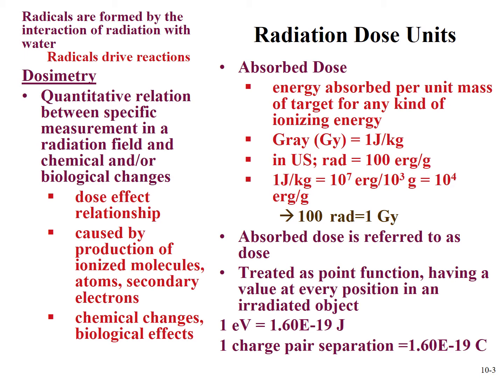This absorbed dose, a gray or a rad, is often referred to as dose, and it's treated as a point function, so it has a value at every position in an irradiated object. The important thing to remember about these terms is the relationship between the SI unit and the US unit. In this case, a gray and a rad differ by 2 orders of magnitude, so 1 gray is 100 rad.